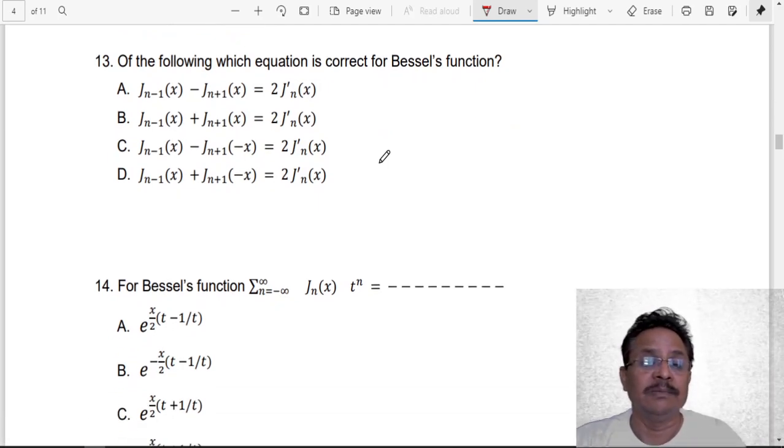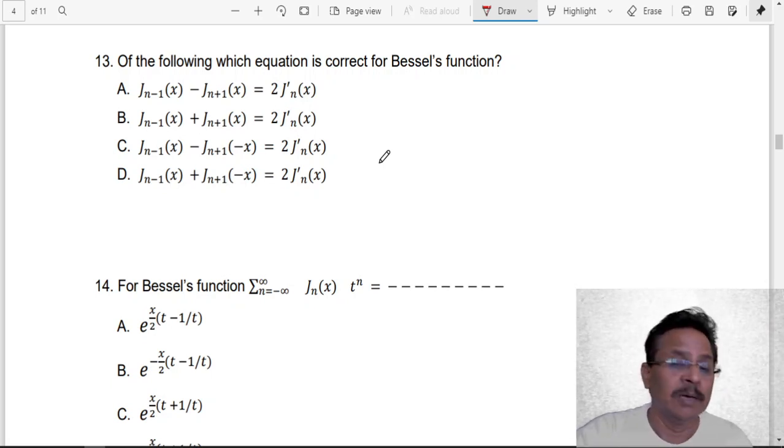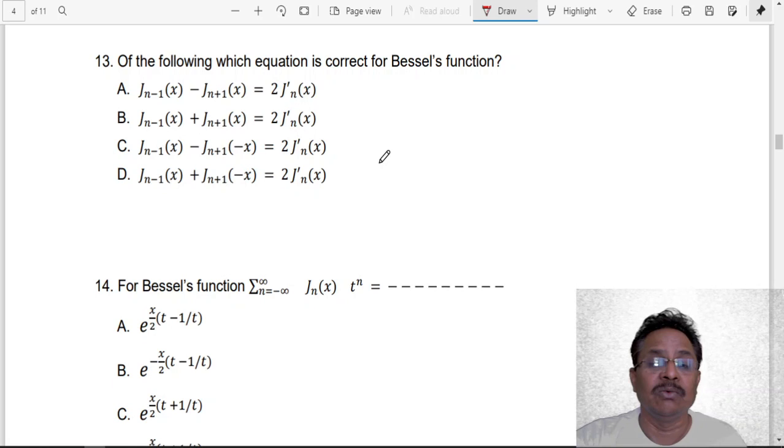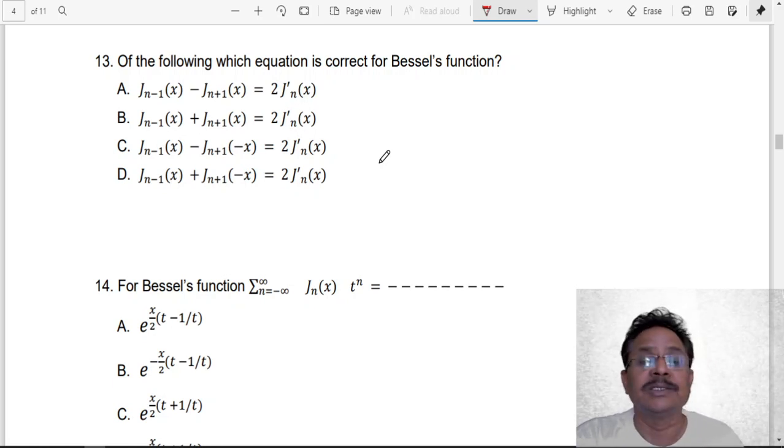Then question 13: which of the following equations is correct for the Bessel function? This is again a property of the Bessel function. I think it was earlier repeated. This is Jn minus 1 of x minus Jn plus 1 of x is equal to twice J dash n of x.